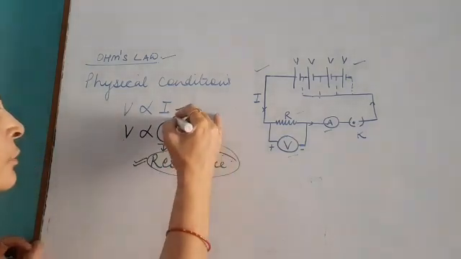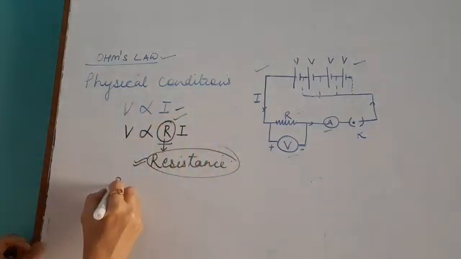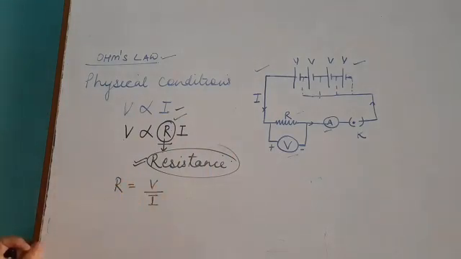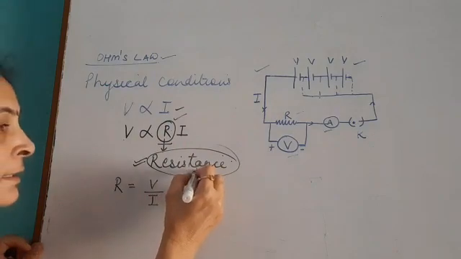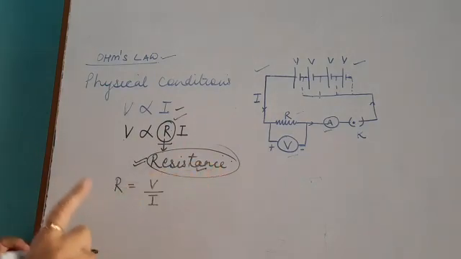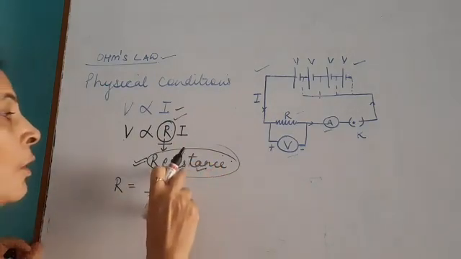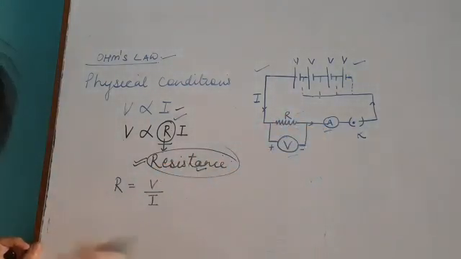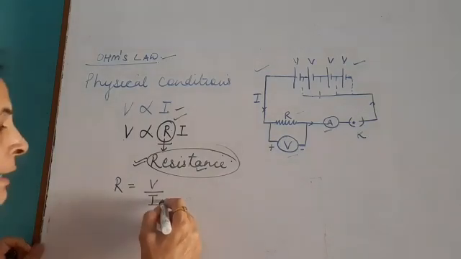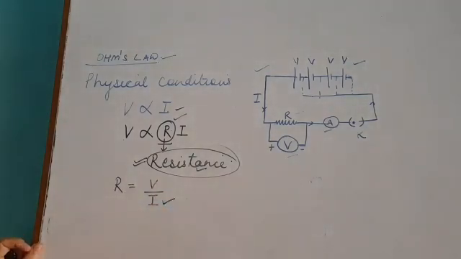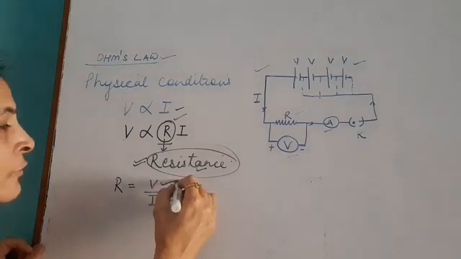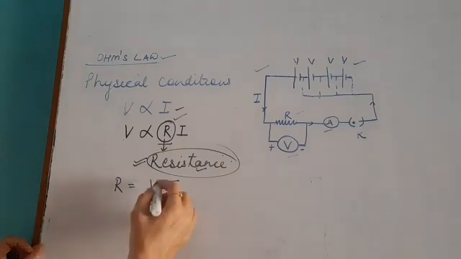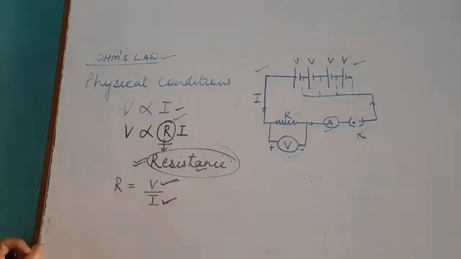See, mathematically we know it is a constant given by R equals V upon I. Physically, resistance is the opposition offered by a conductor or a given wire when electric current flows through it because of potential difference V. More is the potential difference, more will be the current.